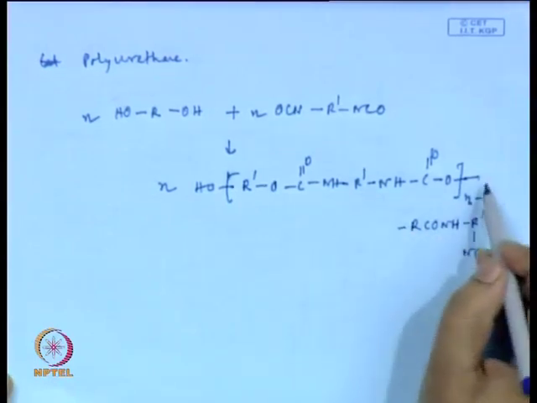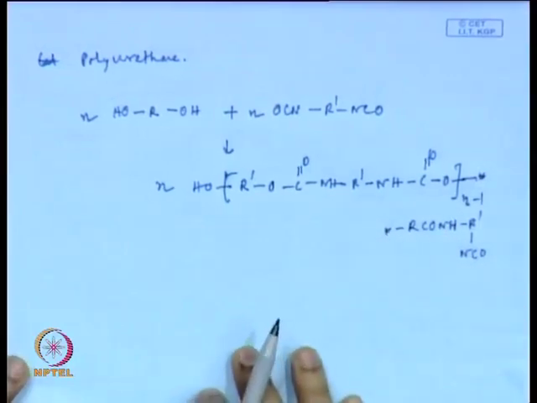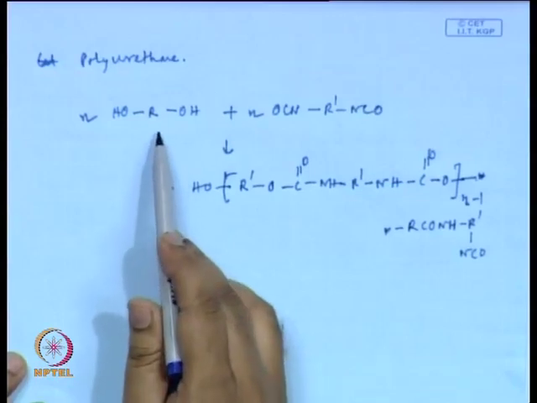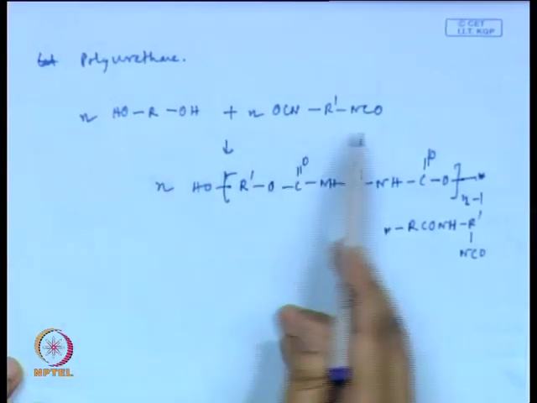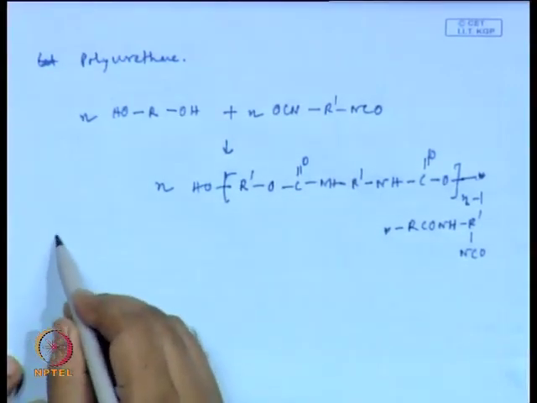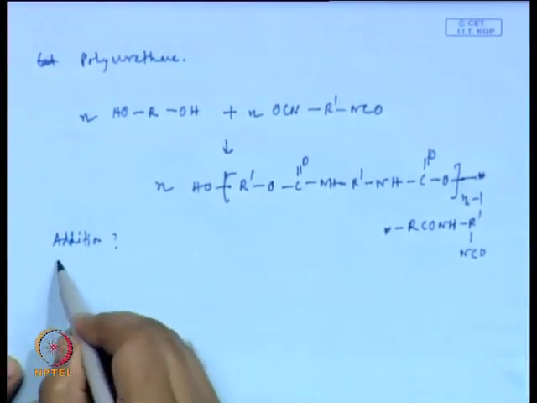Let me continue this here. So, this is a polyurethane which is synthesized from a diol and diisocyanate. Now, what do you call this, an addition polymer or a condensation polymer?